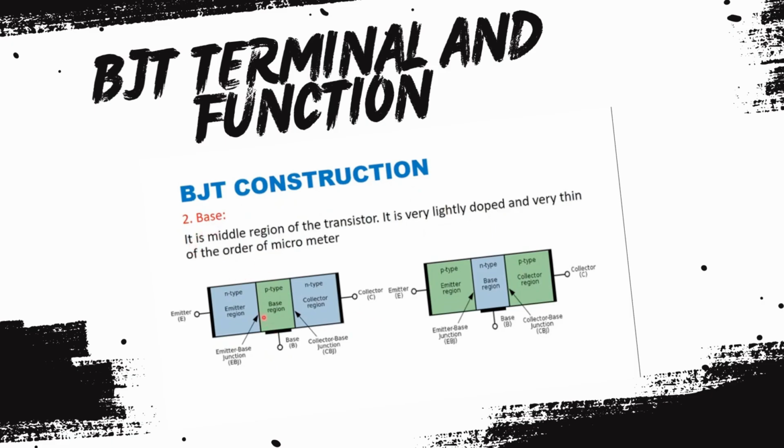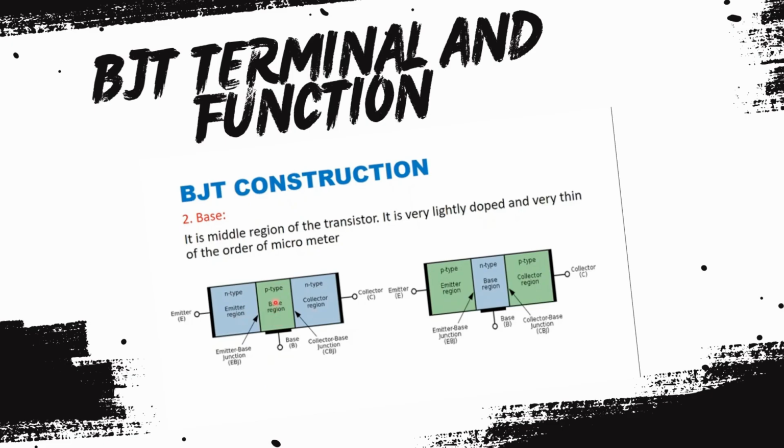Next one is base region. As you can see in the diagram, base region is between emitter region and collector region, and it is very lightly doped and very thin, of the order of micrometer. It is thinner than emitter and collector region. Why is it very lightly doped?